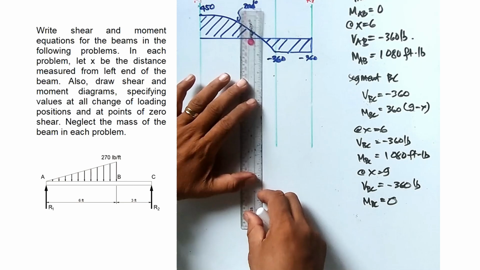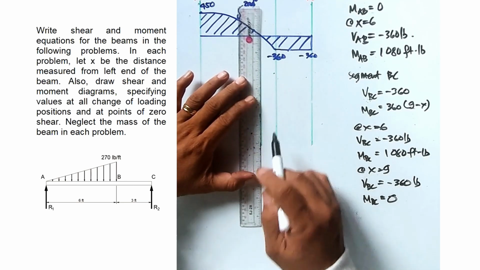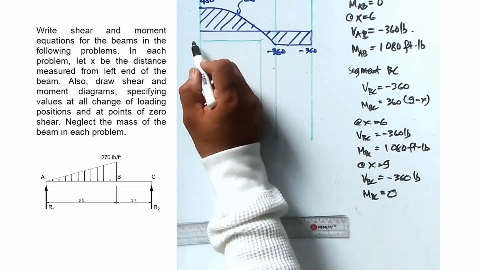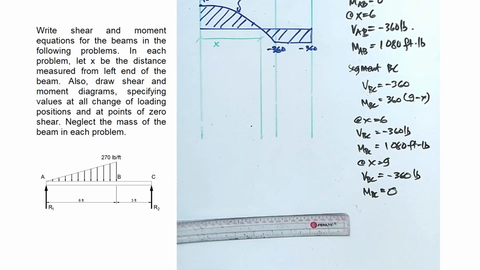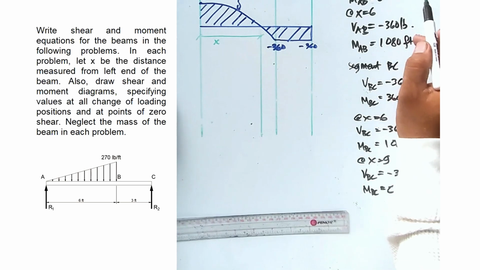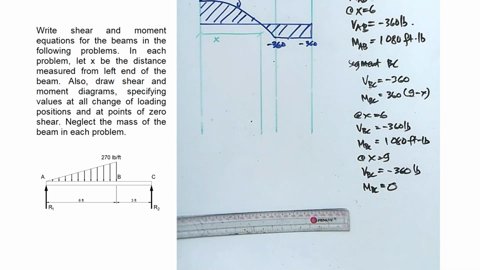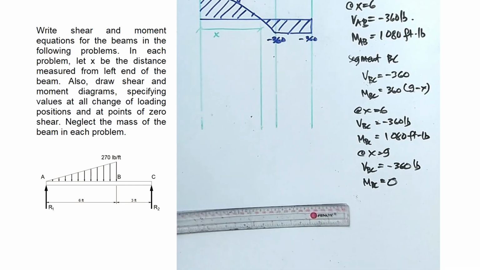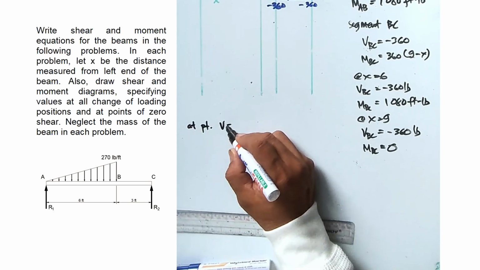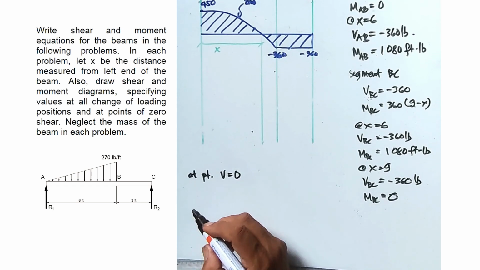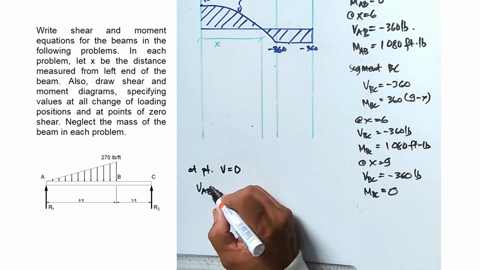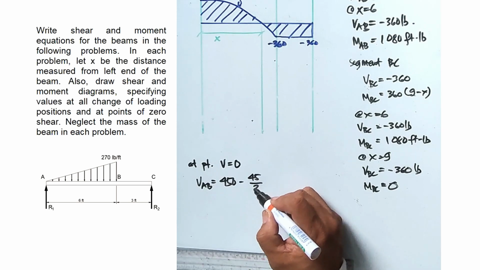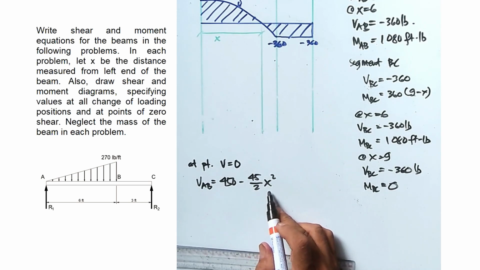So that means we need to determine the bending moment here, and we need to first find the value of x here. That would be easy because we already have the equation for this, which is this one. We'll just equate this to 0 since at this point shear AB is 0. So at the point of 0 shear, our equation VAB is 450 minus 45 over 2 x squared, meaning we will have two values for x.